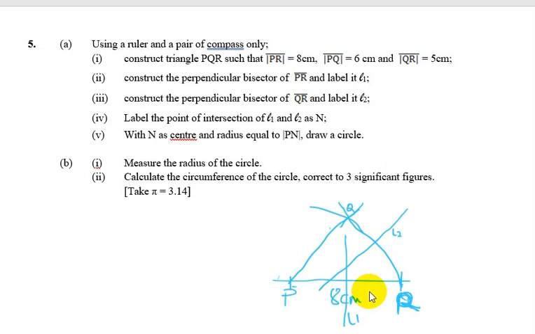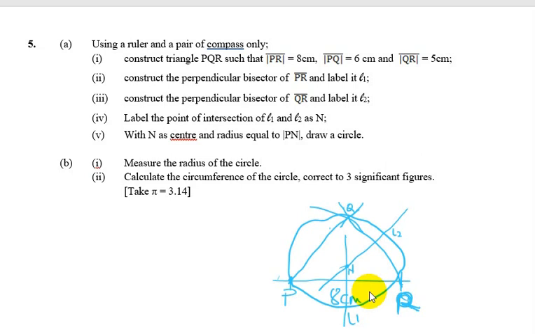Now they said we should label the point of intersection of L1 and L2 N. So where this L2 and this L1 met, we call it N. And they said with N as the center and PN as radius, you stand here and open the compass to P, then you draw a circle. I'm sure the circle will touch all the three sides. Yes, it will touch all the three sides.